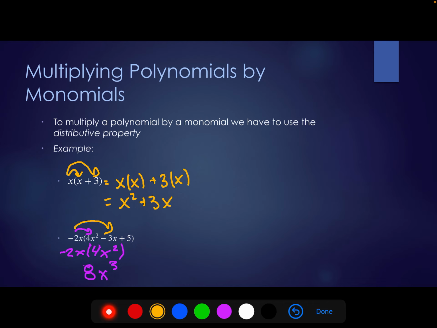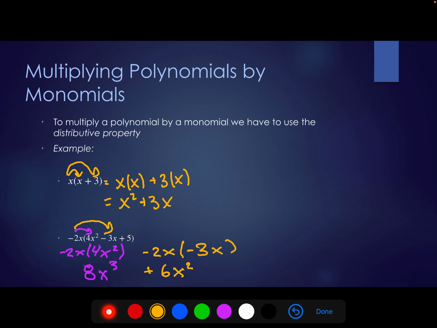Now let's distribute that negative 2x to our negative 3x. So that is negative 2x times negative 3x. And again, we're going to do the same thing, multiply our coefficients first. So negative 2 times negative 3 gives us a positive 6. And then we have x times x, which gives us x squared.